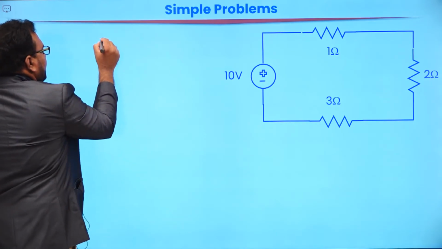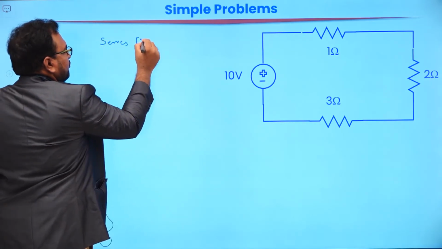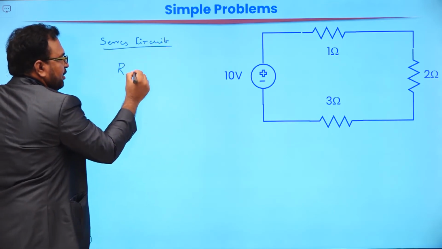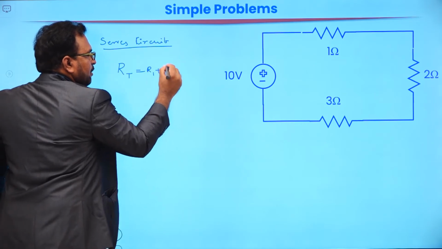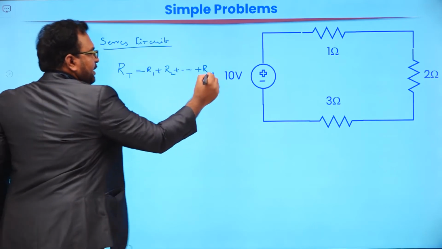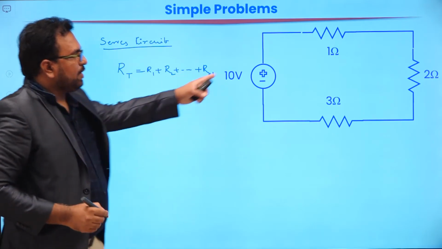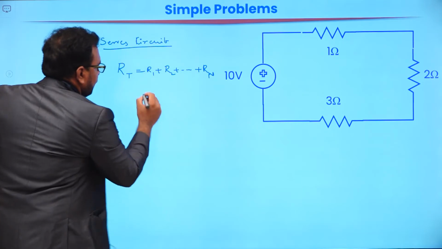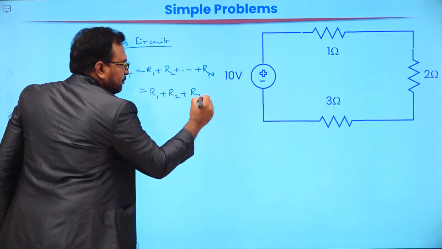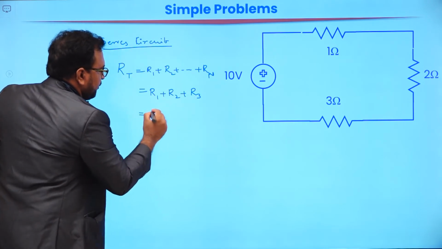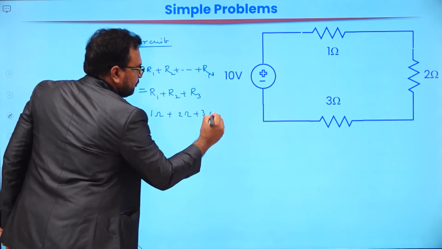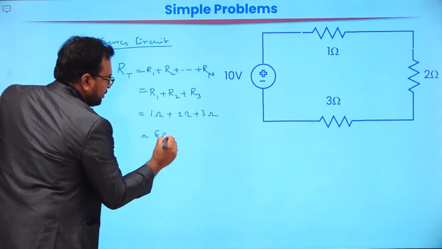The total resistance RT is R1 plus R2 and so on up to Rn. Here n is the number of resistors. How many resistors are there here? 3 resistances. So the total resistance will be R1 plus R2 plus R3. And what are the values of the resistances given? 1 ohm, 2 ohms and 3 ohms. So the equivalent resistance or total resistance is 6 ohms.